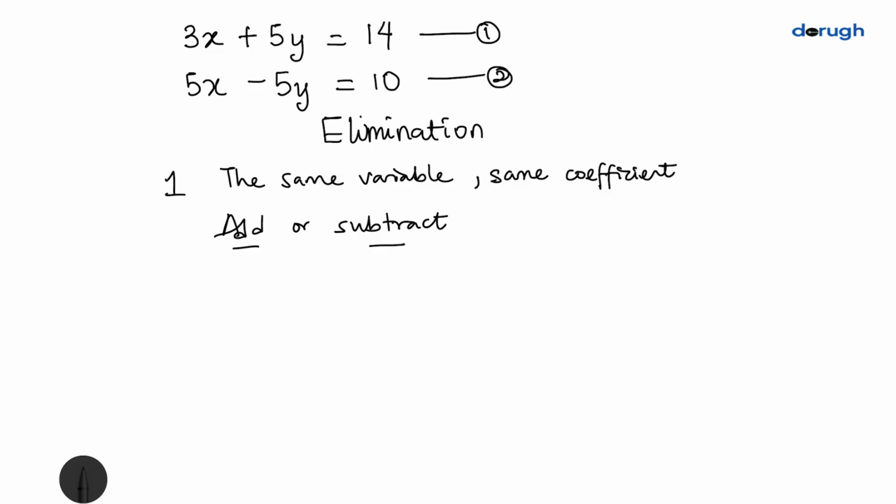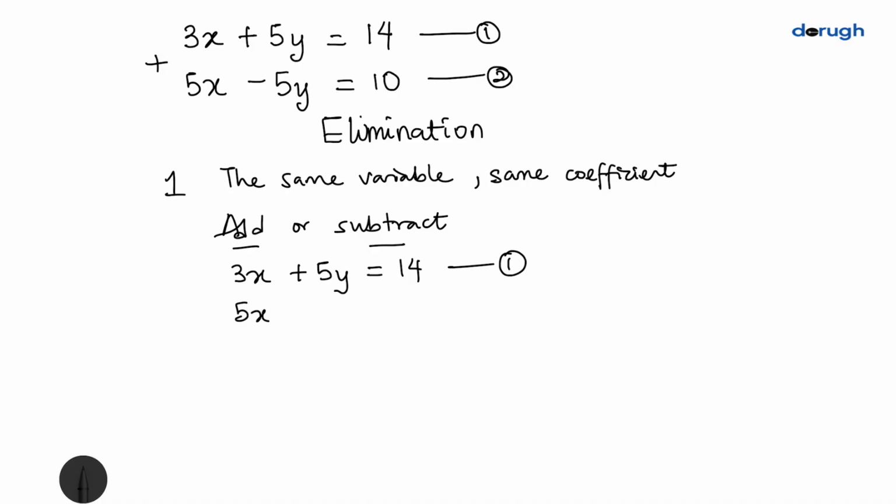Alright, so in this case, since they have 2 different signs, this is a plus and this is a minus, what we're going to do is we are going to add. Now, we're just going to bring it down here. Let me write it out again. So we have 3x plus 5y equals 14, and that's equation 1.